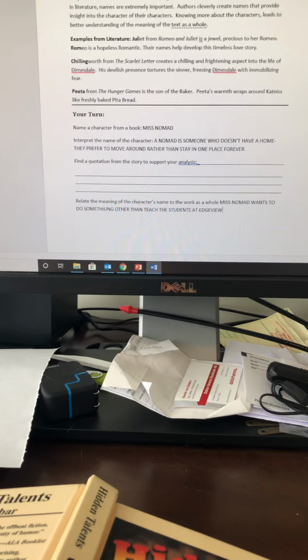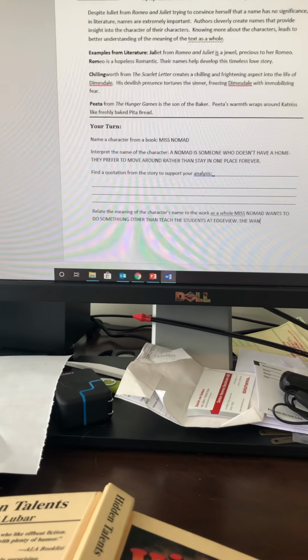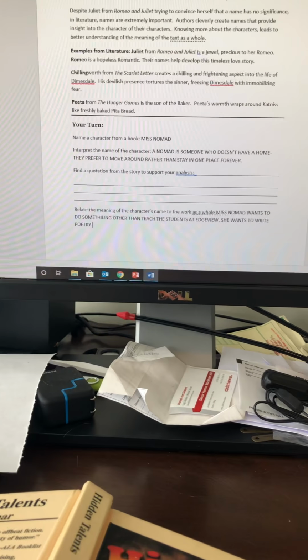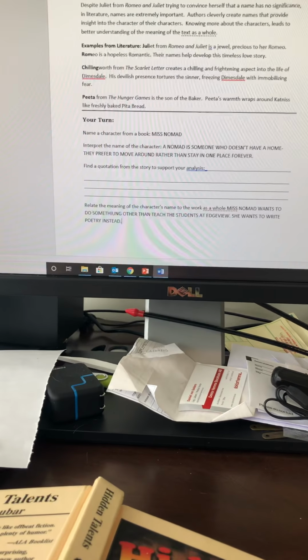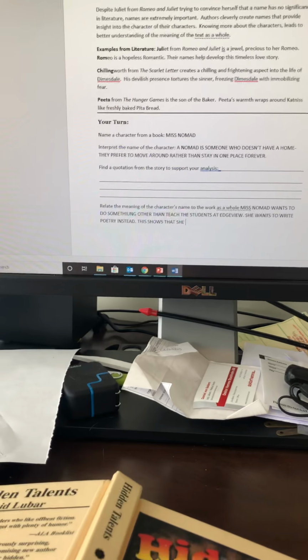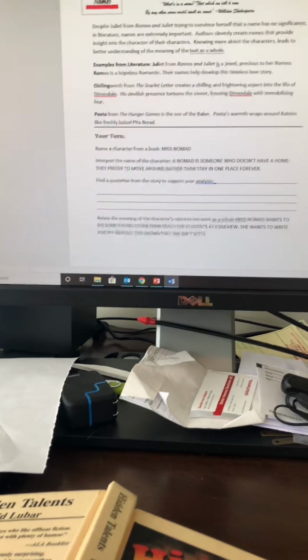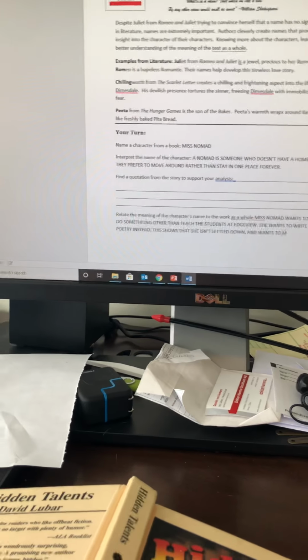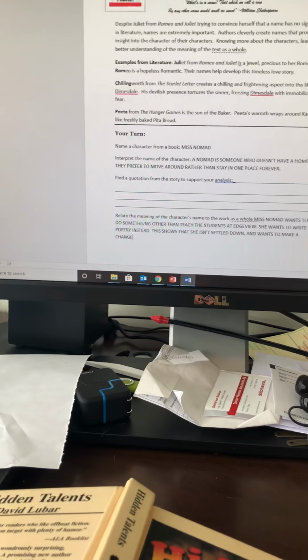She wants to write poetry instead. This shows that she isn't settled down and wants to make a change. Okay?